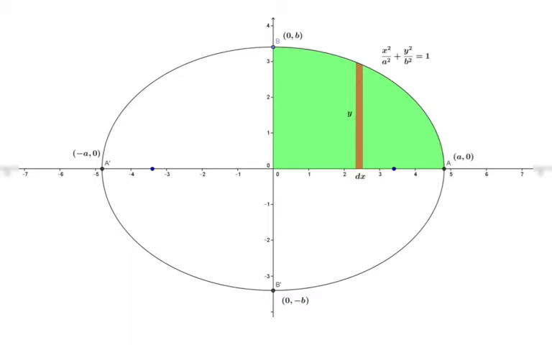So after we have done that, then adding the areas of those vertical strips from left to right, we sum them up. When we have summed up, then the total will be exactly the area of that region which is colored in green.